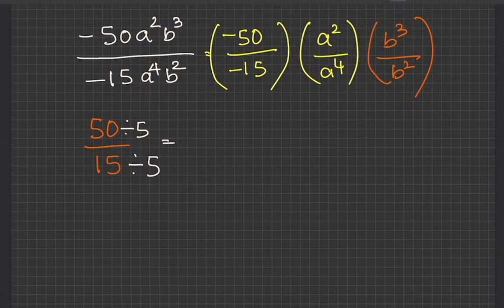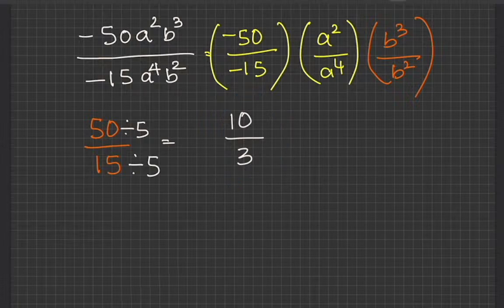When I do that, I get 10 by 3, right? Since both are negative, the quotient has to be positive. So we have 10 by 3 here as the numeric coefficient.